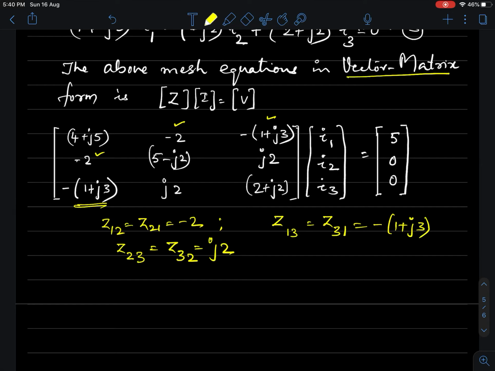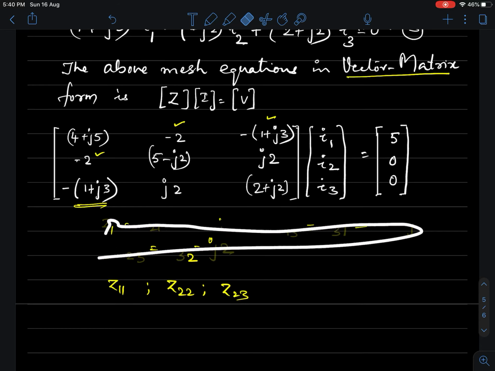The remaining are all independent ones: Z11 is unique, Z22 is unique, and Z33 is unique. But these pairs are the same, which can be seen to be true.